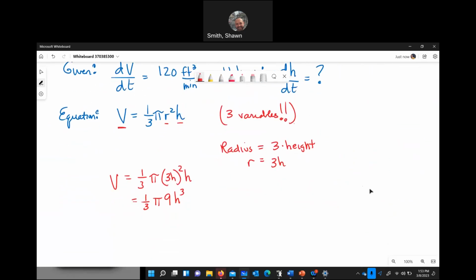The 3 and the 9 cancel, so that's just 3 pi h cubed. Take this equation, volume in terms of height only, and differentiate it with respect to time.